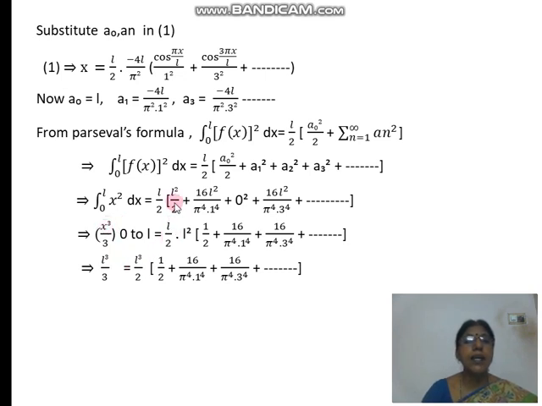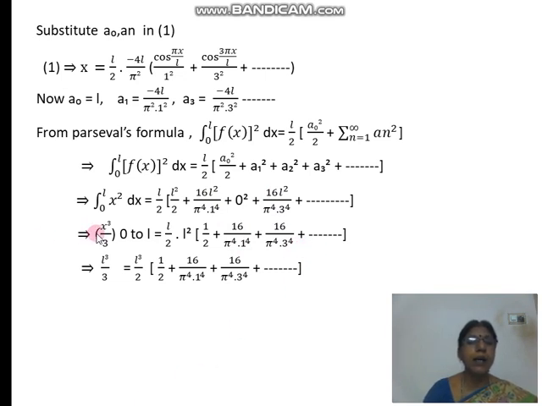here in the RHS, L square is in the first term in the numerator, L square in the second term in the numerator. So in all terms we have L square in numerator. So L by 2 into, bring that L square outside of the bracket. Then the first term becomes 1 by 2, plus the second term 16 by pi power 4, 1 power 4, third term 16 by pi power 4, 3 power 4 and so on.